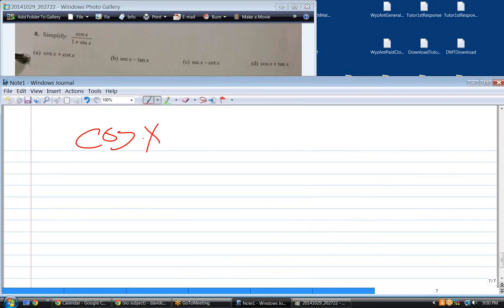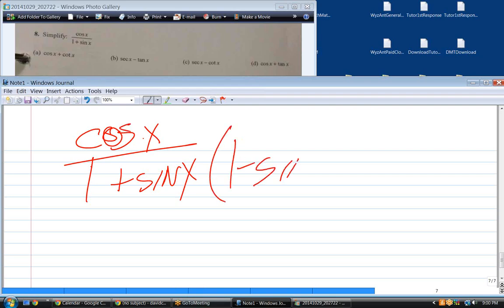This one is kind of peculiar. I'm always multiplying this by 1 minus sine. You see why? Why that's such an obvious step? Yeah. I'm going to end up with, in the denominator, 1 minus sine squared, which I can replace with a cosine squared, which I can cancel with that cosine.